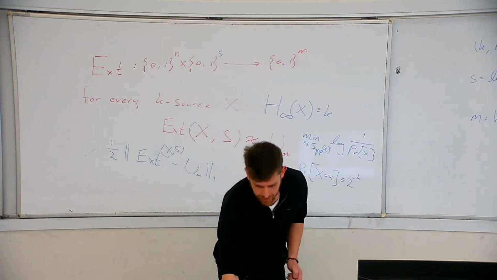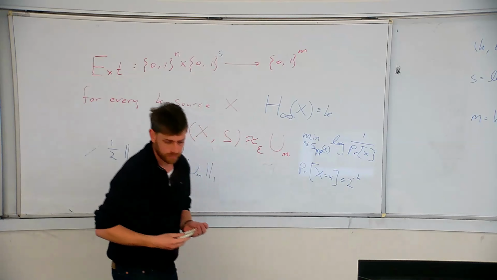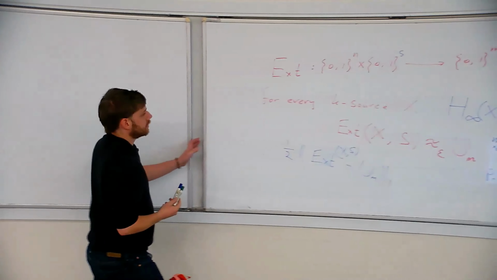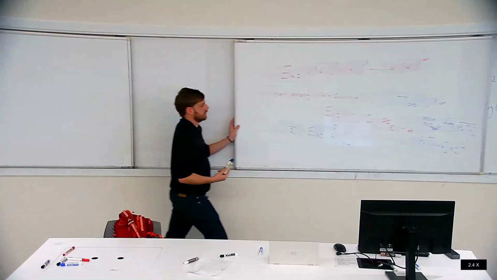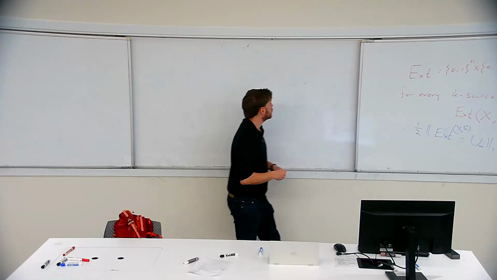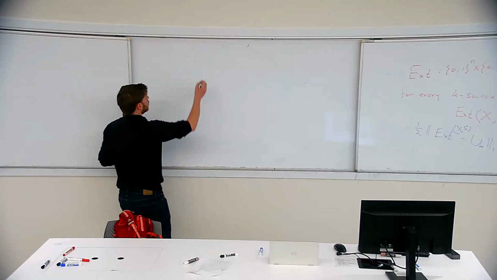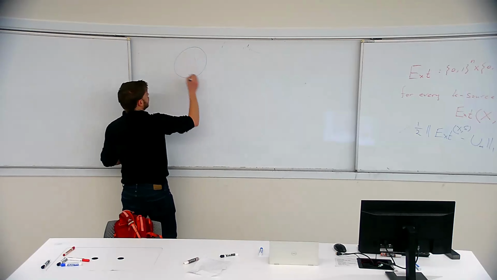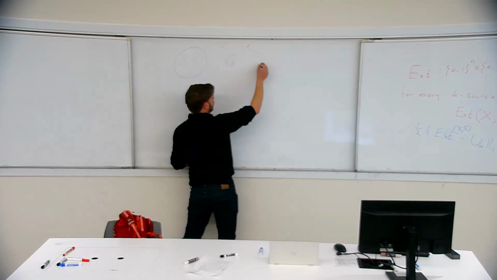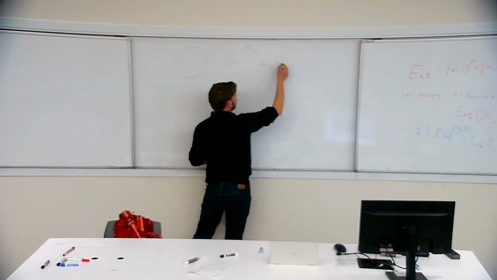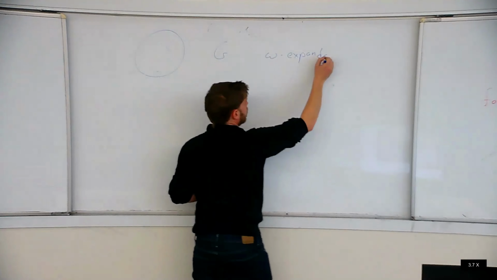And we'll start describing the construction. We'll have an expander graph. Call it G, and it's a lambda expander.